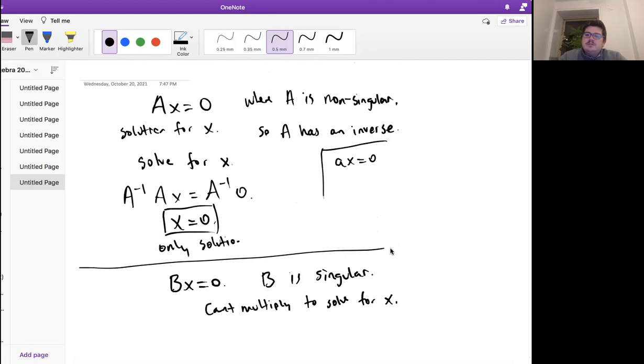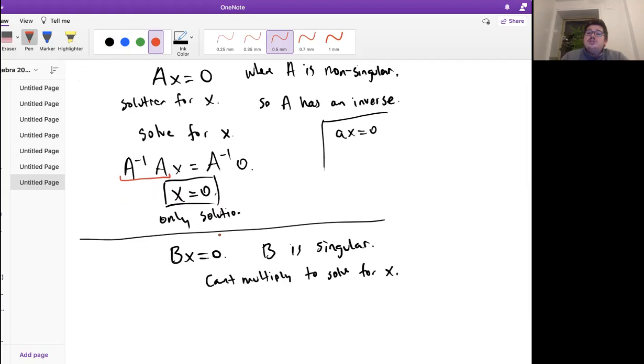So Ax equals 0 is an equation. And then to solve for X, what you do is multiply both sides by A inverse. By doing that, you get an identity. So identity times X is just X. And the big thing is that anything times 0 is 0. So that's why you get X equals 0 as the only solution.